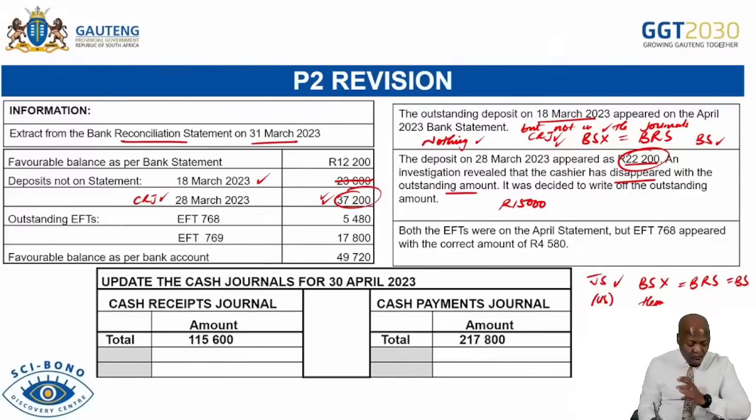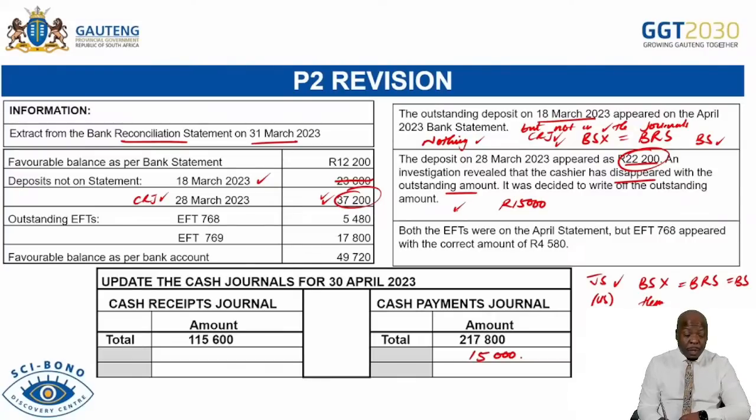That means we now need to go and cancel how much? The 15,000. Where do we do that? In the CPJ. The moment the CRJ is more, we reduce it by recording in the opposite journal, which is the CPJ. So we come to the CPJ and the amount is 15,000. That is the second one.